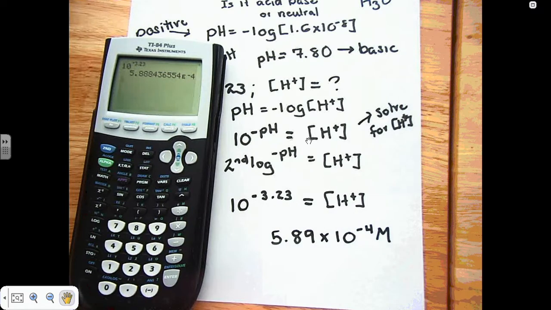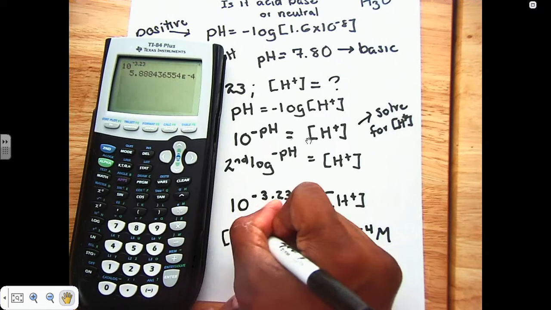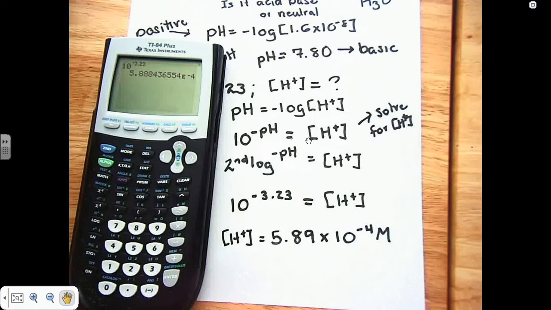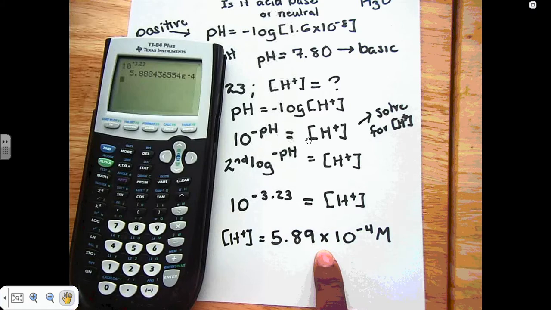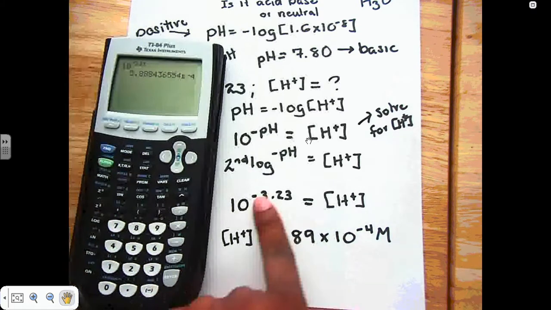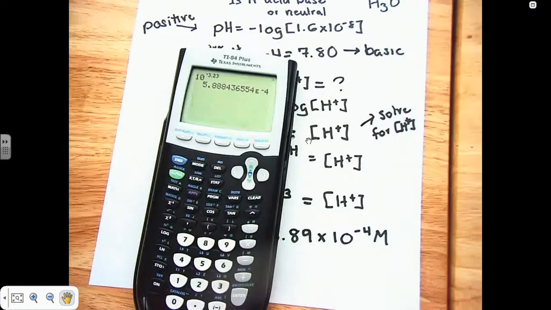And that's going to be the value for this guy here. And that's how I get that. So I take this, and that's my value for my answer. So all I did was put in 10 negative 3.23. Now, as I mentioned, there's more than one way to do it, which for some people might be the first way.